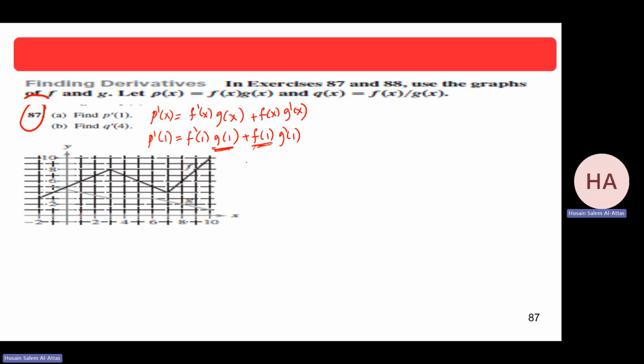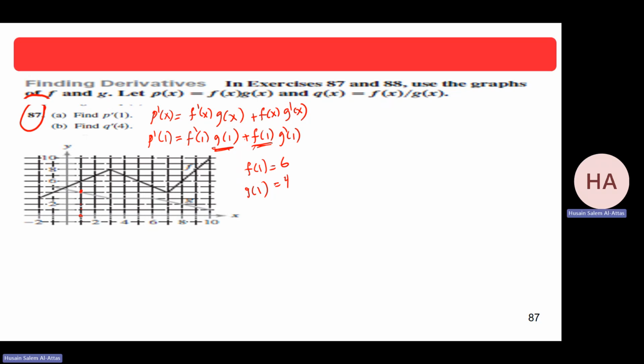Now g at 1. We'll do the same. This is the x-axis: 1, 2, 3, 4. So g at 1 is 4.